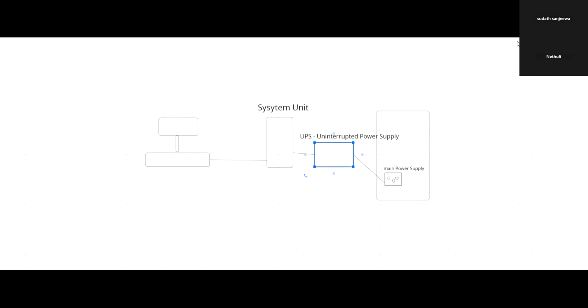So when there is a sudden power failure, what will happen? Let's say there is a sudden power failure. Power is no more. Power interrupted.